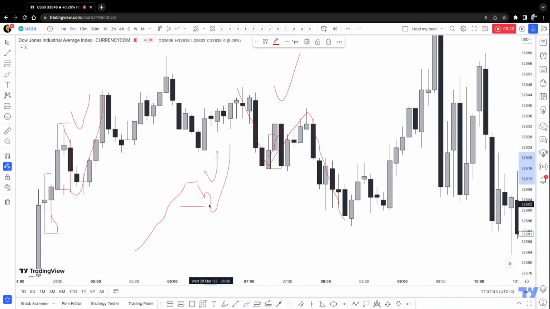If the market does not break that low, like here, and it pushes up, this is not a valid pullback. The market is just still moving up, okay? So it's not a valid pullback unless it takes the previous candle low.